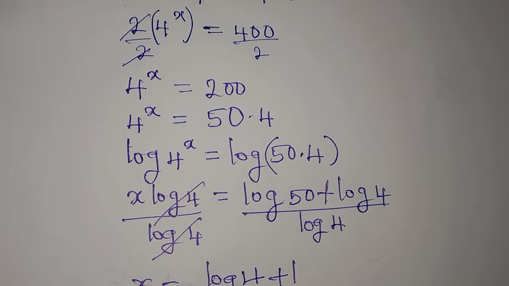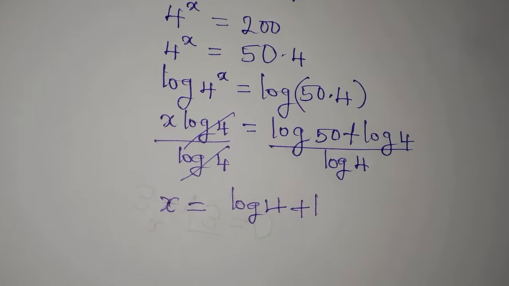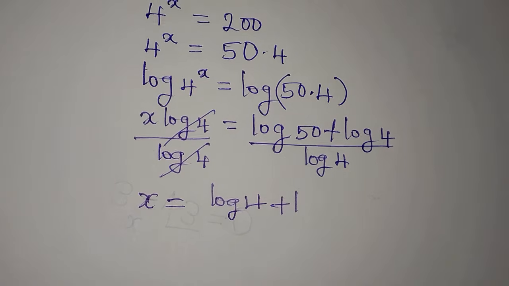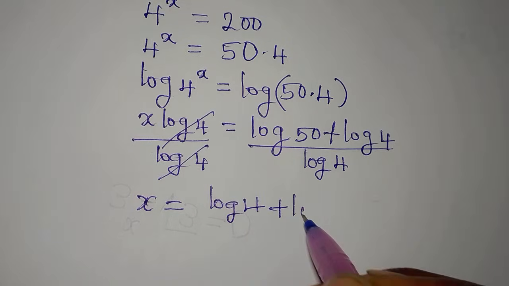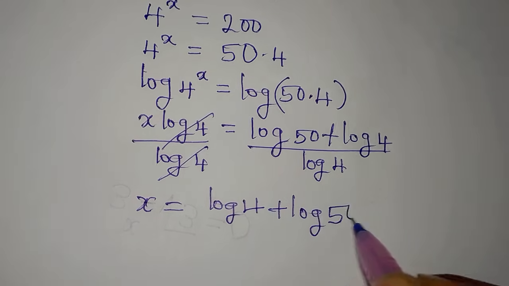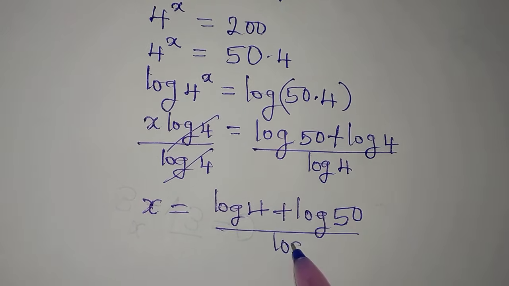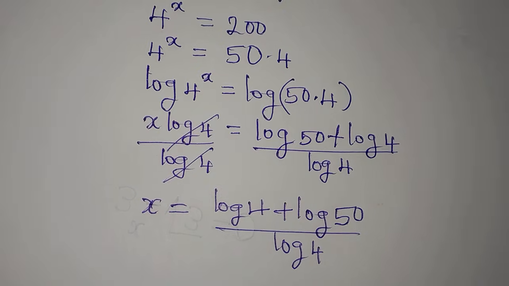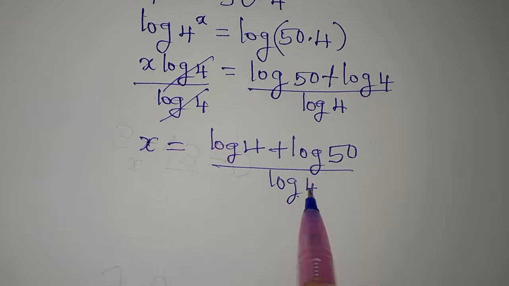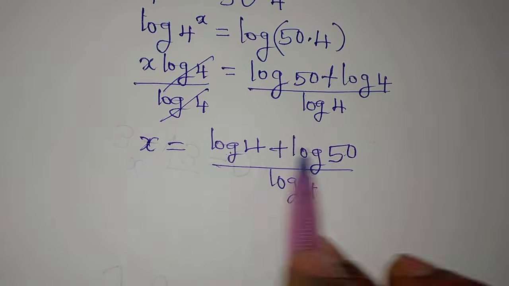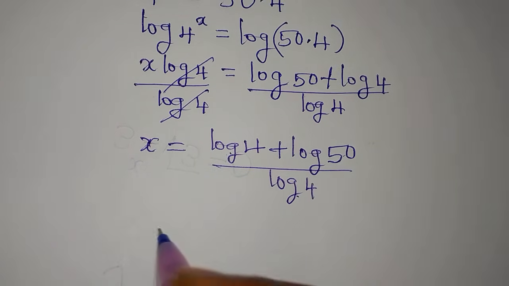But it does not matter. The one that comes first does not matter with addition. So I can write log 4 and then write plus log 50, and this is over log 4. Now, the next point is that this log 4 here will be distributed to the two numerators.